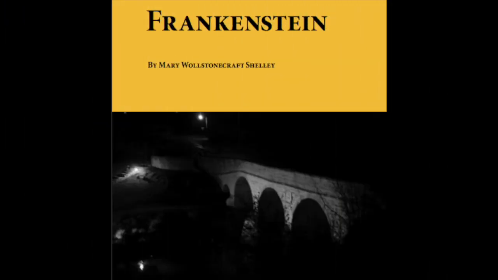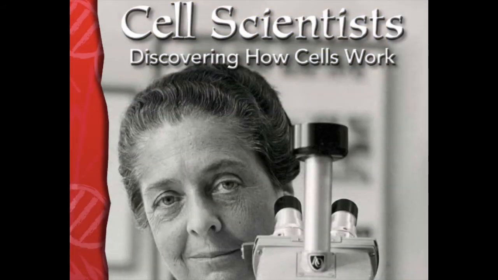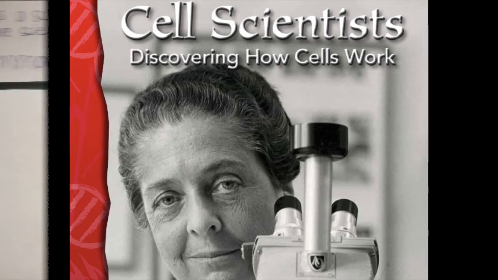Since we have been talking about scientists, our scientist Victor Frankenstein from Mary Shelley's novel, and then we have also been studying different cell scientists in our supportive text, Cell Scientists: Discovering How Cells Work. The prompt for the example of the DEJ sample is going to be based on scientists.